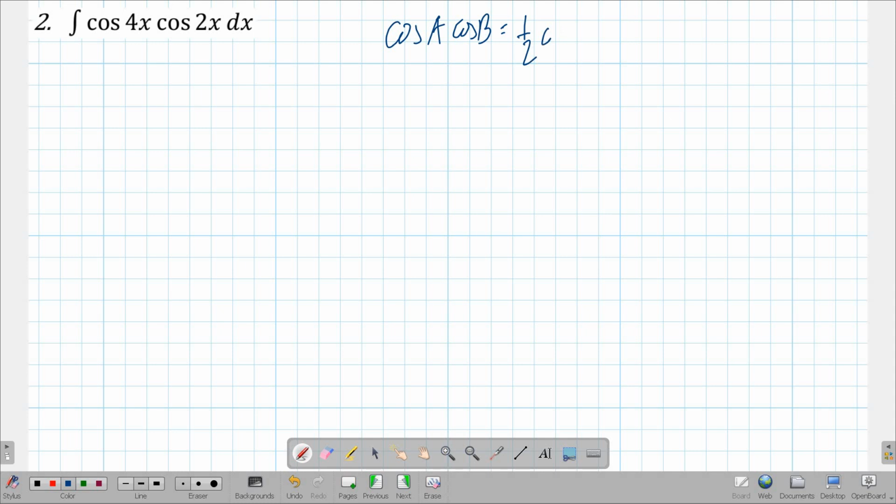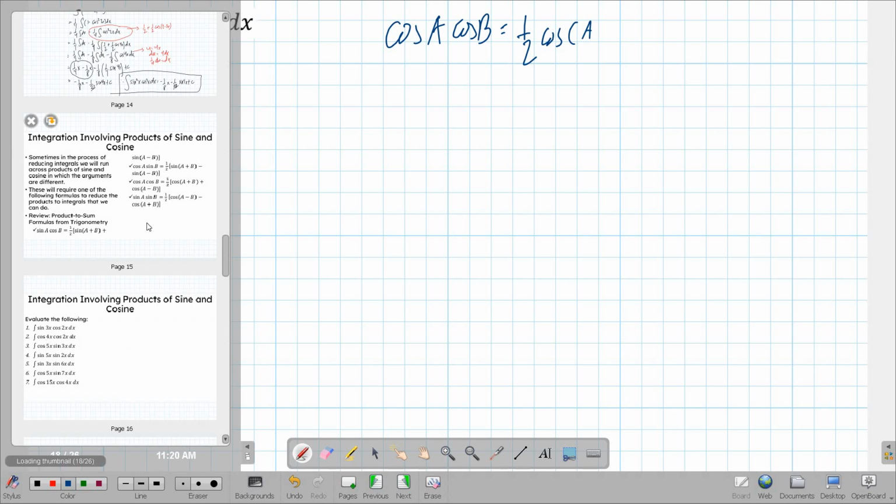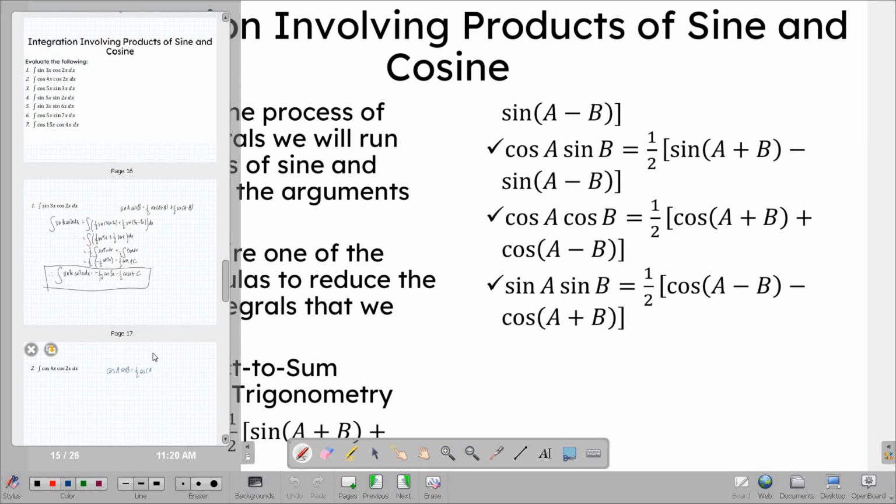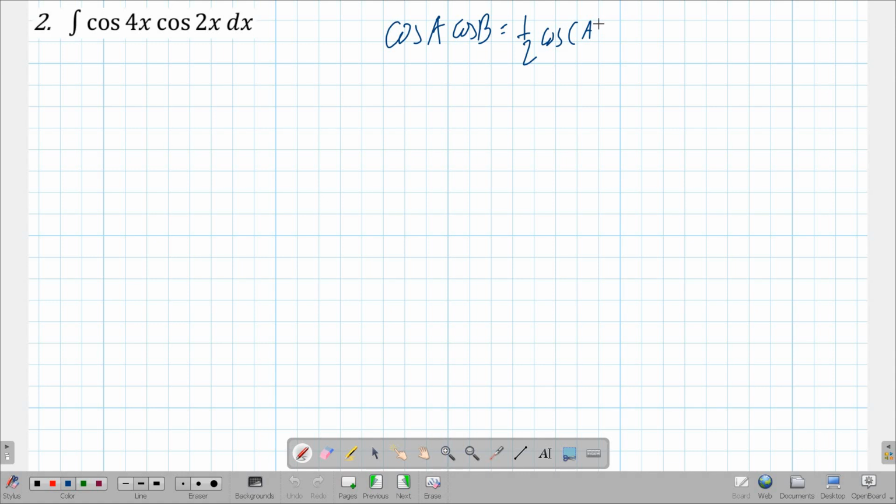That's 1/2 cosine of A plus B plus 1/2 the cosine of A minus B.